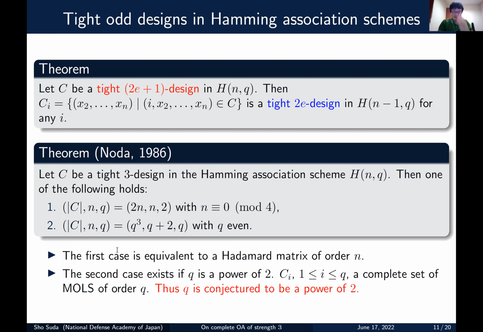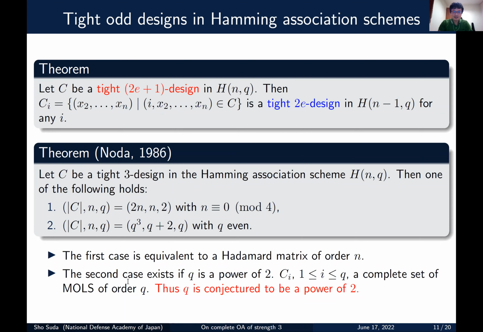As you can guess, the first case is related to Hadamard matrices, and its existence is equivalent to that of a Hadamard matrix of order n. So in this sense, we cannot settle the first case.